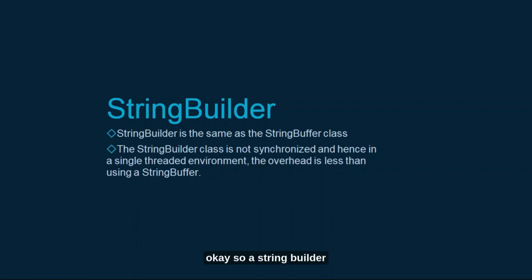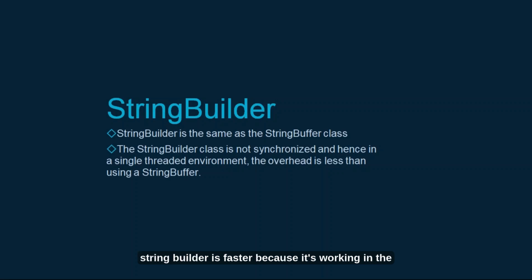A string builder is the same as the string buffer class. The string builder class is not synchronized, hence in a single-threaded environment the overhead is less than using a string buffer. String builder is faster than string buffer.